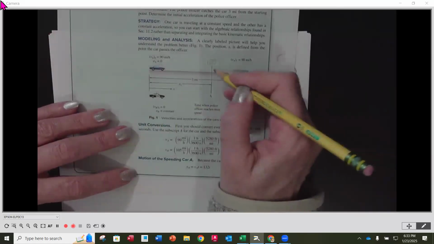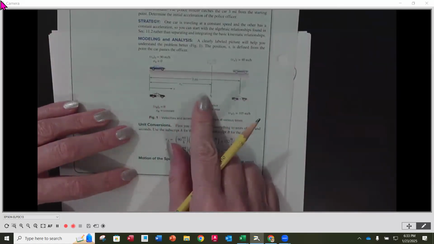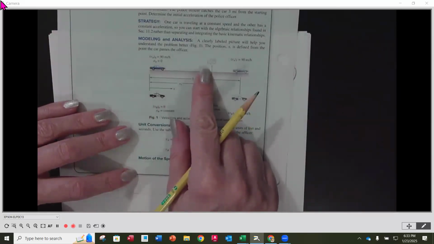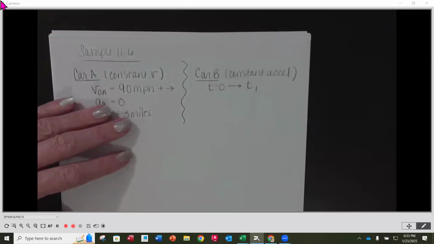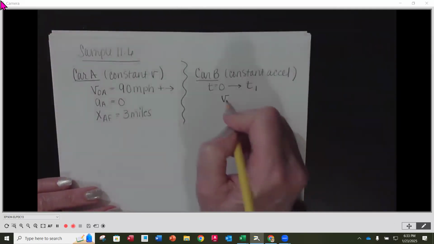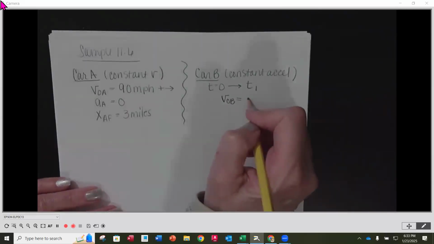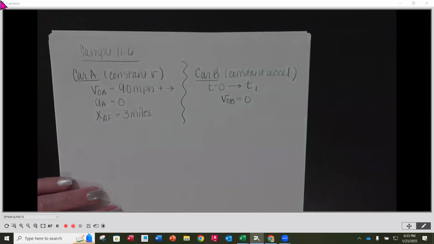So if we go back over here underneath, remember they have T1. This is the time when the police car is accelerating to 105 miles per hour. So during this time frame, our velocity original of that police car, so VOB, is 0 because it's starting from rest.